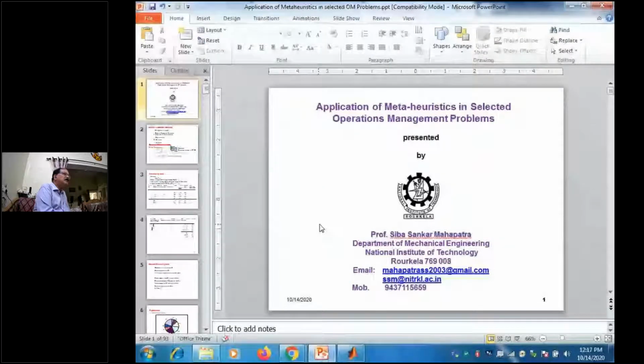All these are combinatorial optimization problems. In a combinatorial optimization problem, you find the combination of the things that is to be performed.